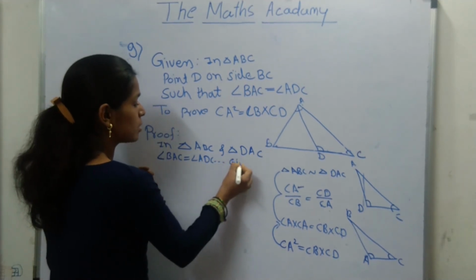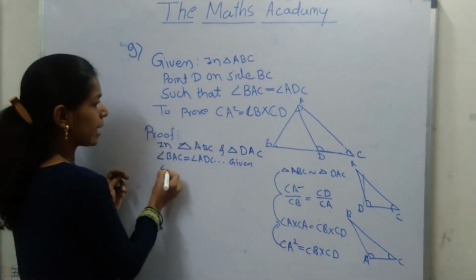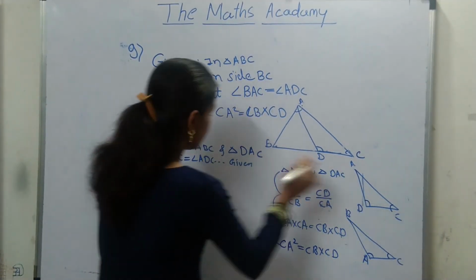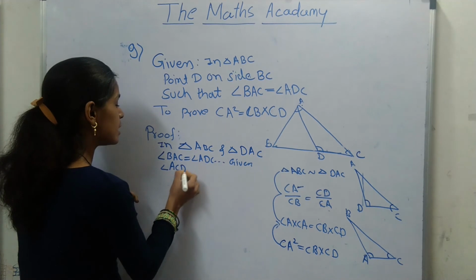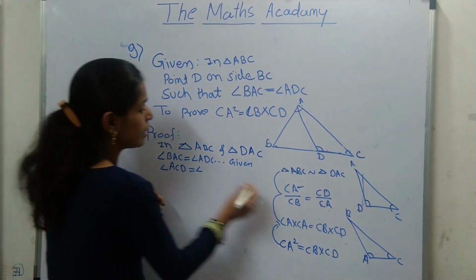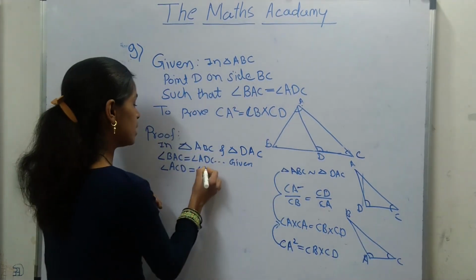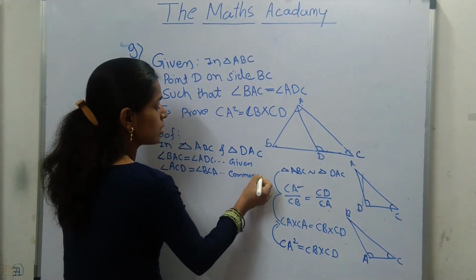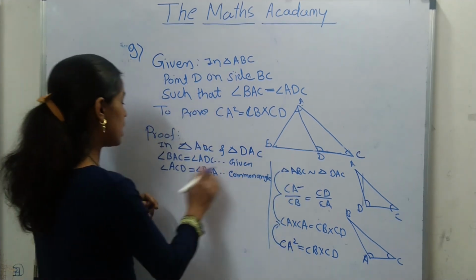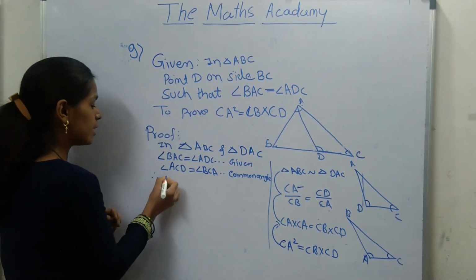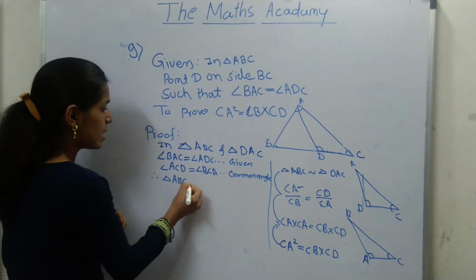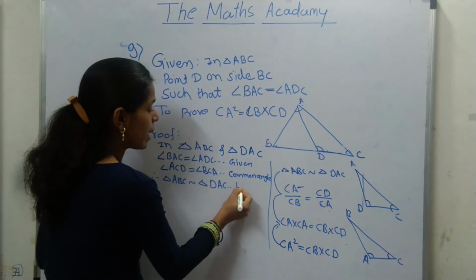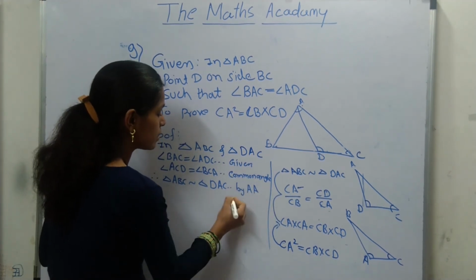This is given. And angle ACD, with proper one-to-one correspondence, is equal to angle BCA, common angle. Now therefore triangle ABC is similar to triangle DAC by the AA test of similarity.